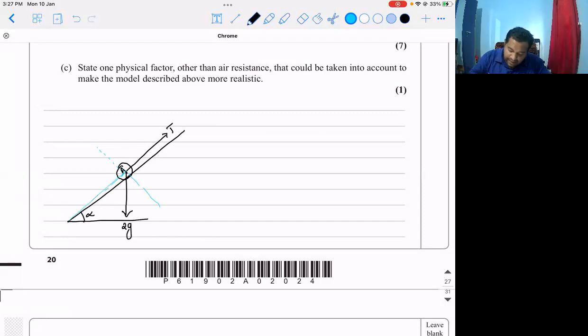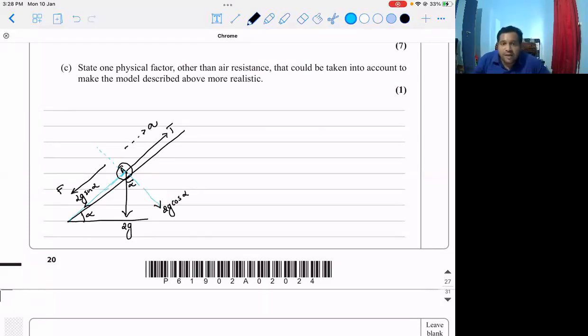So now I'm resolving this weight. If this is alpha, this angle has to be alpha. Therefore, if you are resolving, this component is 2g cos alpha and this component is 2g sin alpha. Not only 2g sin alpha, also a friction is acting opposite to the tension because the particle is moving upwards, right?